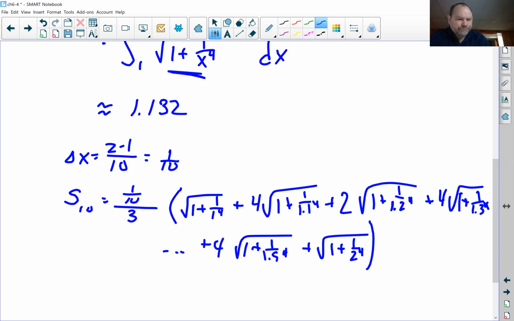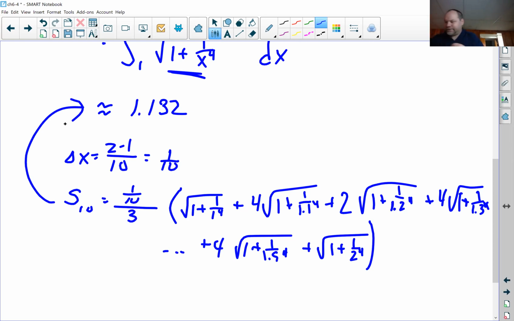And again, we're going to come up with that same approximation to 3 decimal places. If you don't believe me, I invite you to go ahead and calculate that on your own.